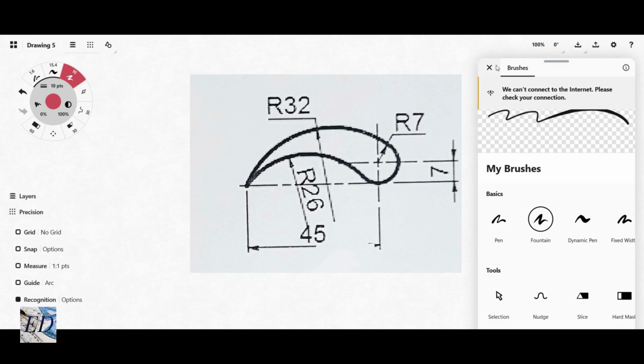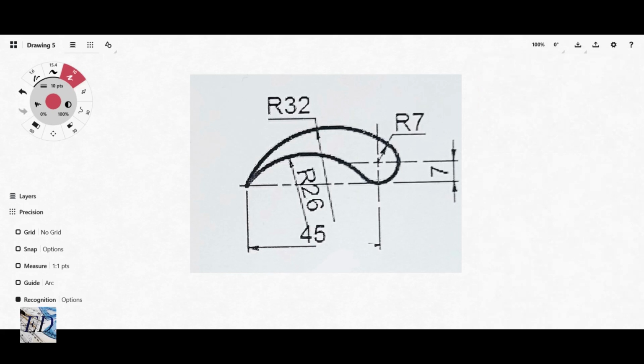We have this arc here touching this arc externally, and we know that this arc touches this line at exactly one point. So with these two relationships, we can find the center for the arc with a radius of 26 millimeters.